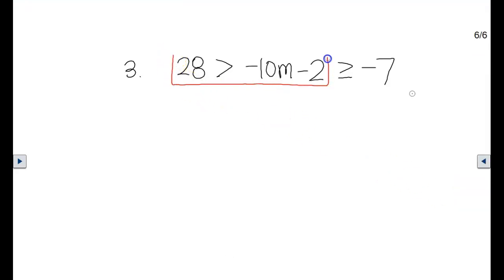So problem 1 would be this: 28 is greater than negative 10m minus 2.